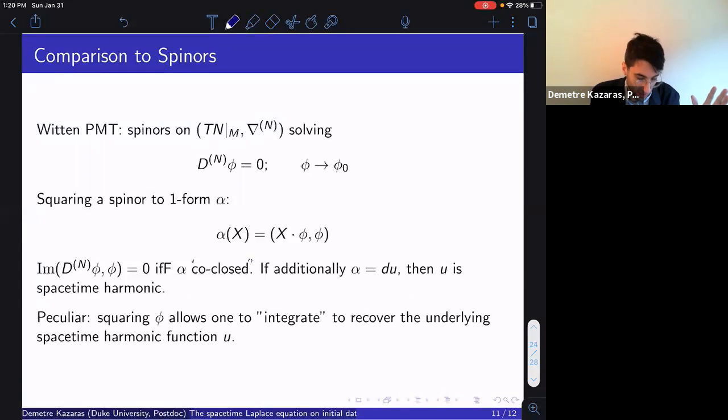However, this is a very peculiar thing. We can actually do something. Our positive mass theorem is a slightly stronger statement than Witten's positive mass theorem in some ways. Witten's works in all dimensions, while ours only works in dimension 3, but it works without the dominant energy condition.